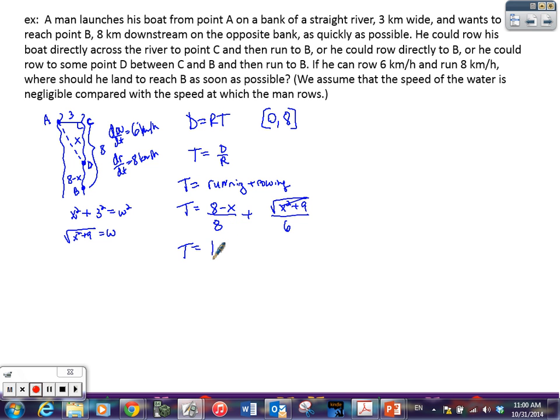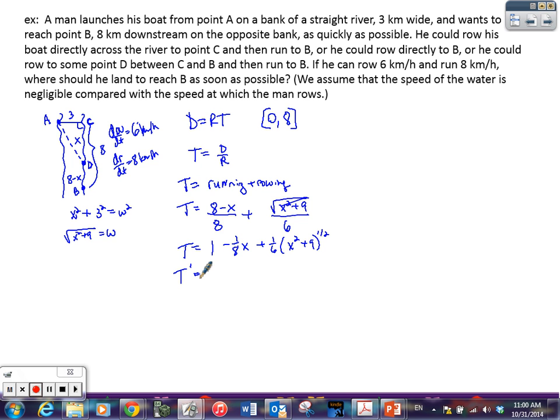So 8 over 8 is 1, minus 1/8 x, which I think will be easier for me to differentiate, at least visually, plus 1/6. And I'm going to write this in exponential form so that I don't perhaps make an error. All right, so now we're ready to take the derivative.